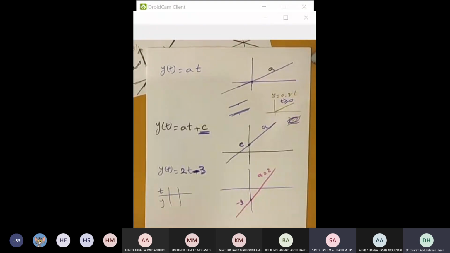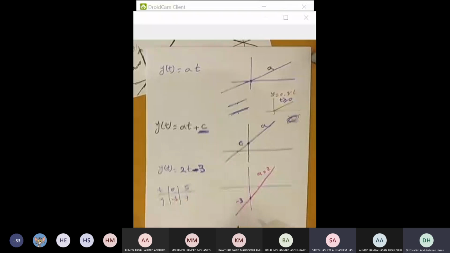You can choose whatever you want, 0 and 5, for example. At 0, it is 2 multiplied by 0 minus 3, so it is minus 3. And at 5, it is 10 minus 3, which is equal to 7.